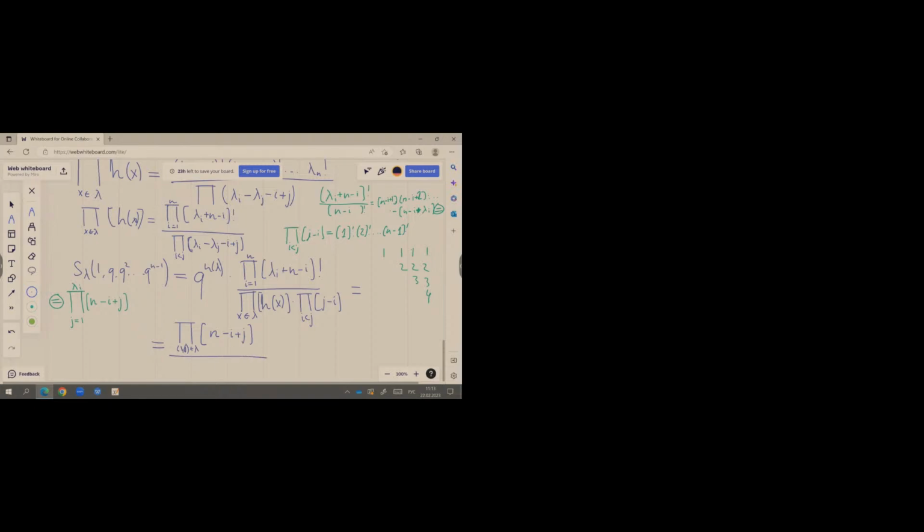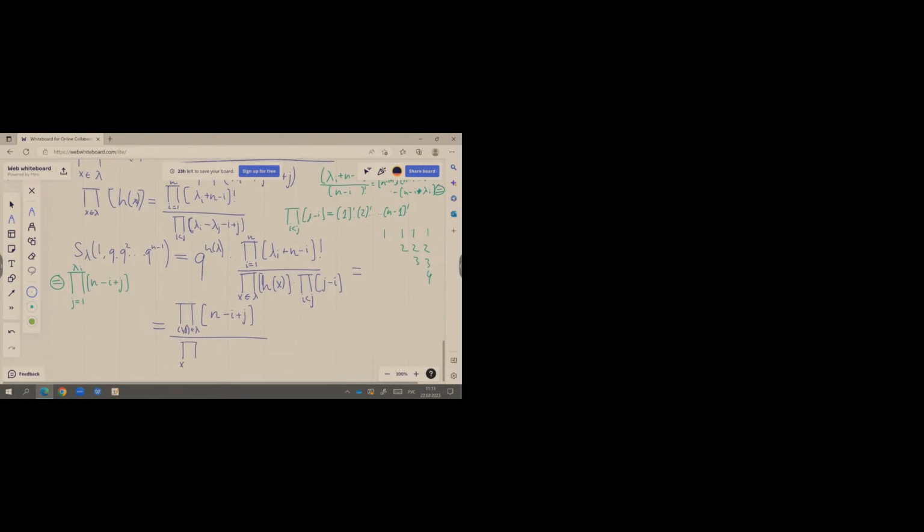And this I will divide by the hook length of the box x equal to ij, and if I wish, I can take q-analogues or just arbitrary integers.